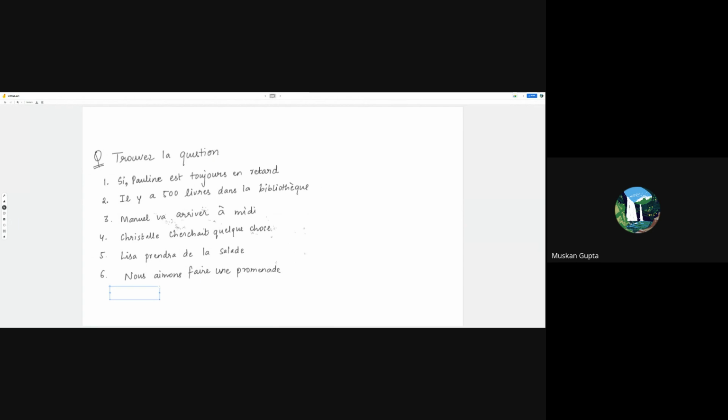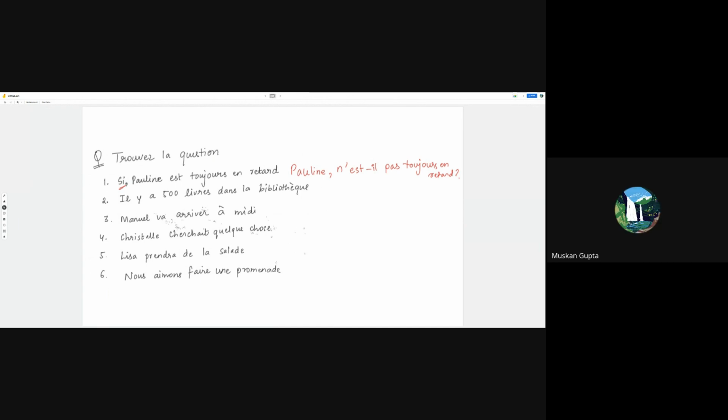And secondly, it's negative because we have si, right? So si means negative question. So Pauline n'est-elle pas toujours en retard? Or you can just simply write est-ce que Pauline n'est pas toujours en retard. Both work. Toujours changes to jamais here? No, it's not negative. It's trouver la question, no? In negative, it would.